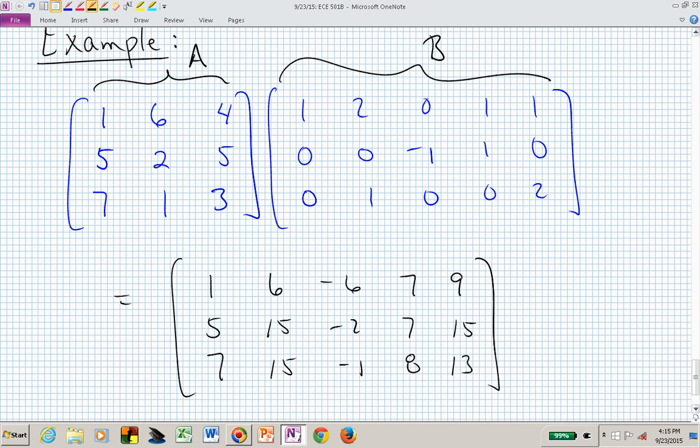Did everybody get that written down? And how did that happen? Or how can I just quickly write down that product? This is now a 3 by 3 times a 3 by 5. Where did that come from? We're going to have an answer that's 3 by 5. How was I able to quickly write it? Was I doing row times column?